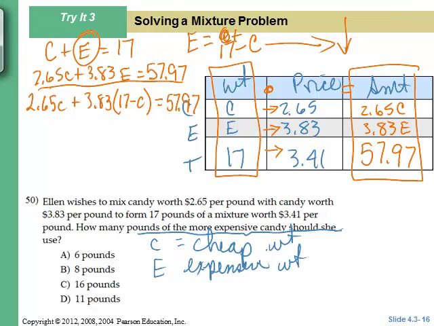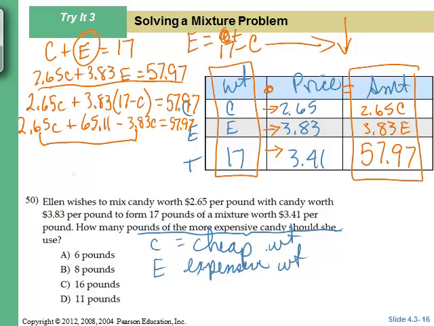So I'm just using this second equation now with that. So I'm going to take 3.83 times 17, and I get 65.11. So I have 2.65C plus 65.11 minus 3.83C equals 57.97.